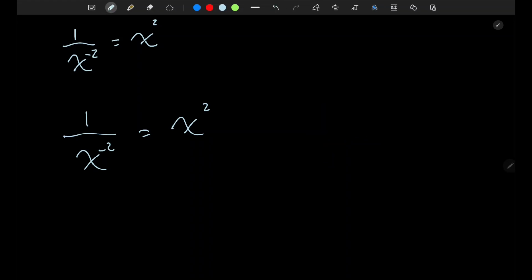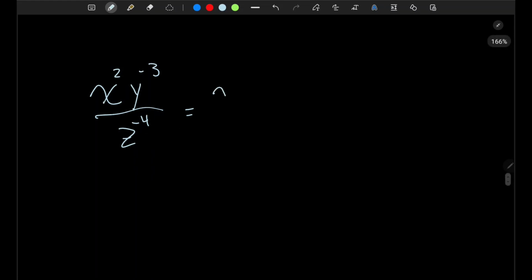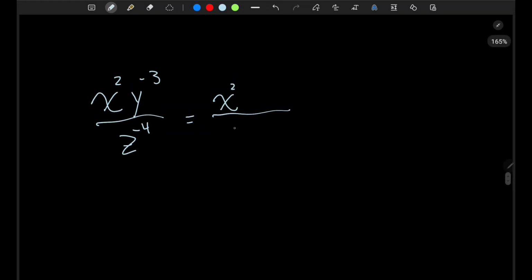Let's get more variables in here to make sense of this. So if we have x squared times y to the minus 3 over z to the minus 4, and we want all positive exponents, the x squared is just going to stay on top. The y to the minus 3, we push that down and change the sign of the exponent, so we have y cubed.